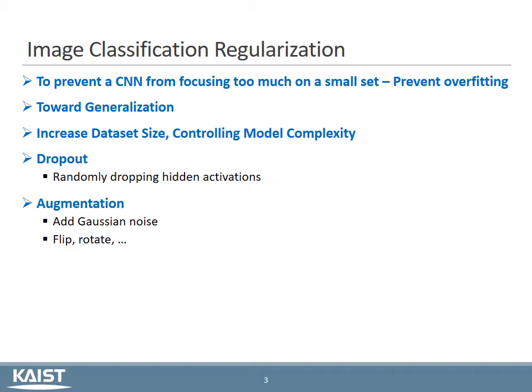Many regularization strategies in image classification have been proposed and proven to have positive effects on generalization. One example is the dropout layer in CNNs, which randomly drops hidden activations and creates a diverse effect on the data. Another example is augmentation, which helps to increase the dataset simply.